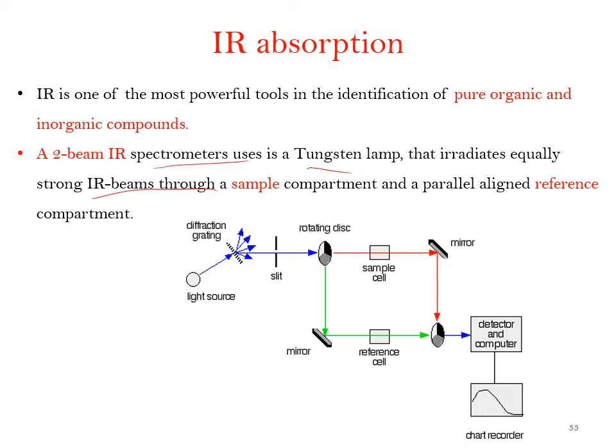The instrumentation is the same: light source, there is a slit that selects specific frequency, there is a rotating disc, in this case specifically to select light of different frequency, one along the mirror and the reference direction, and the other to the sample direction. The light that comes from the sample and that comes from the reference cell will be compared on the detector, and the infrared absorption spectroscopy will be generated.